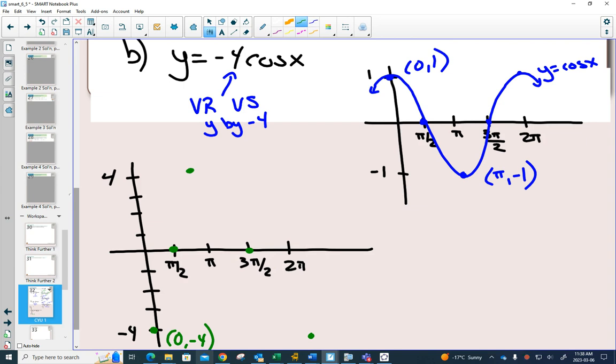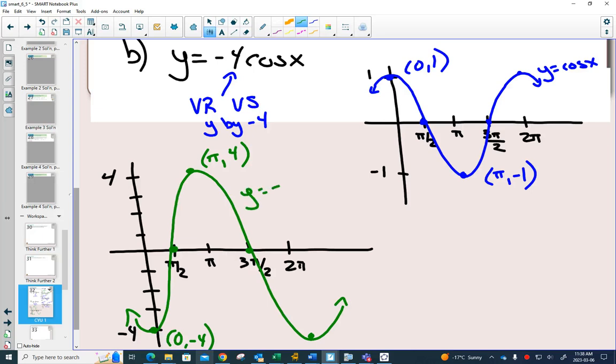If I multiply that y coordinate by negative 4, I'm going to get pi comma 4. Draw a nice smooth curve through all 5 of those points. And we have just graphed y equals negative 4 cos of x.